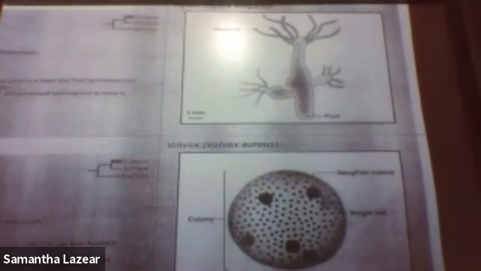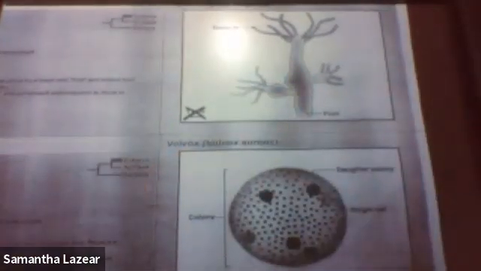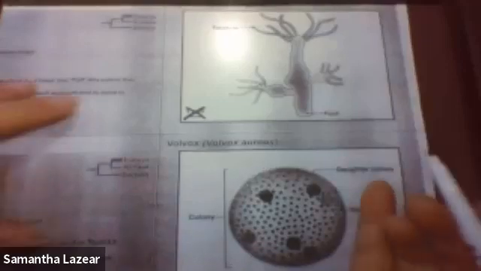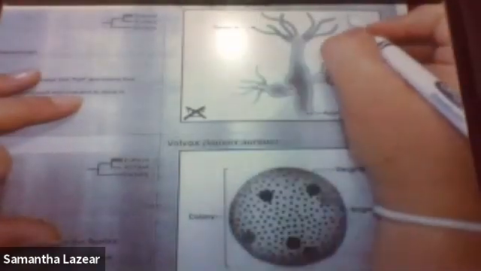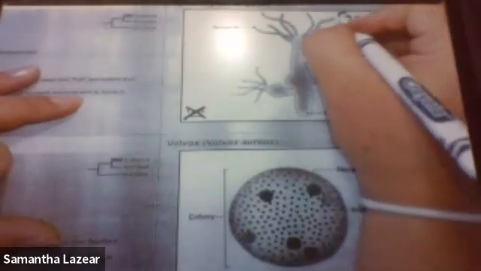It's a hydra. Now this one, I want you to X out a piece of information. Please X out your scale bars. We are not going to use that information for this type of question. I need you to add a piece of information. We are going to say that the hydra is an image drawn at 20x.